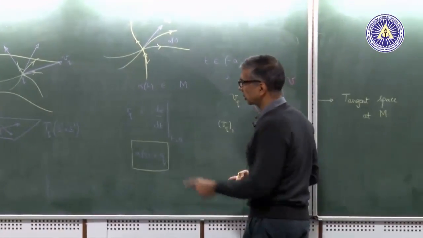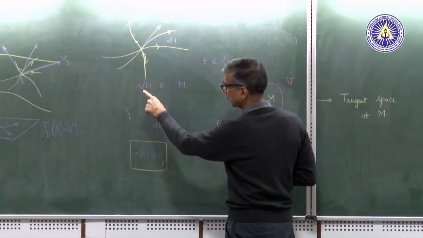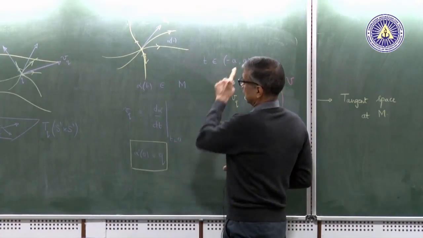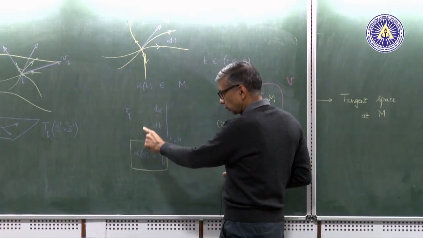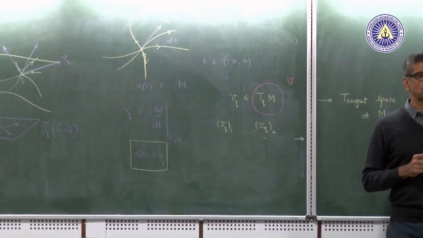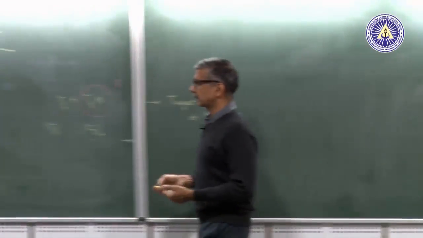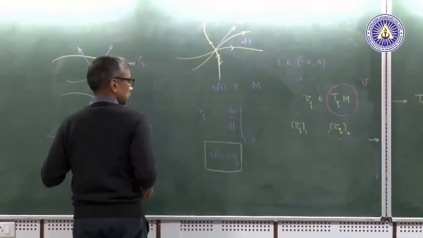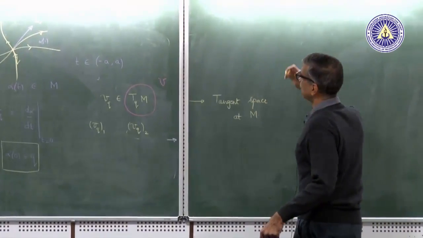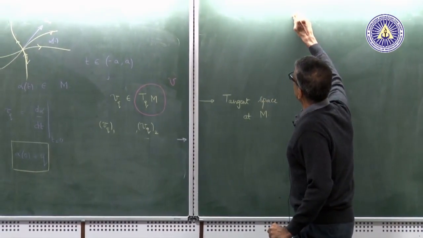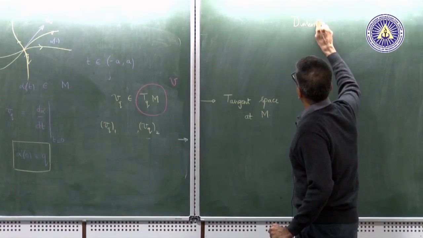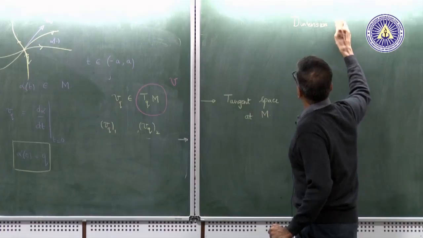I can always show that there is a corresponding curve which passes through that point at t equals 0, and whose velocity vector is that particular vector in R2. I forgot to mention this in the morning: there is a notion called the dimension of the manifold.